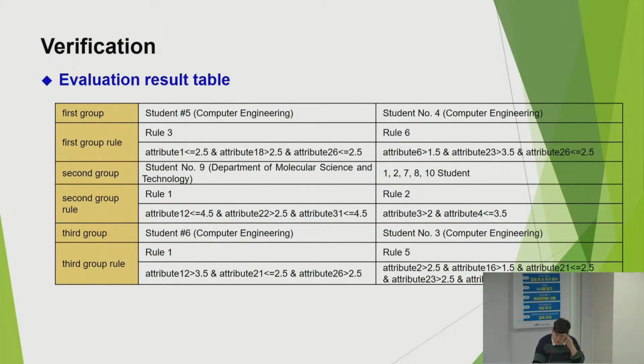The graduate students mapped to the second group were mapped to the 9th out of 10 students through the 1st rule, and the 1st, 2nd, 7th, 8th and 10th students out of 10 through the 2nd rule. The graduate students mapped to the 3rd group were mapped to the 6th student out of 10 through the 1st rule, and the 3rd student out of 10 through the 5th rule.